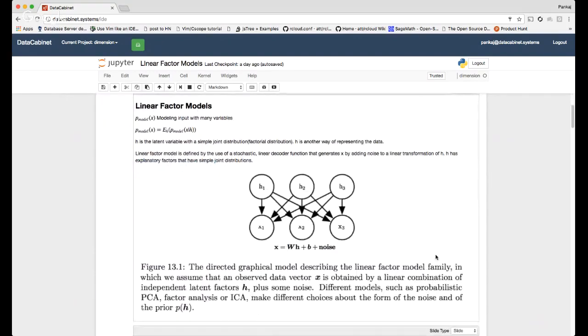So linear factor models can be thought of as a way to find a probability distribution given some data. If you have the correct probability distribution given some features, you can predict the rest of the features.